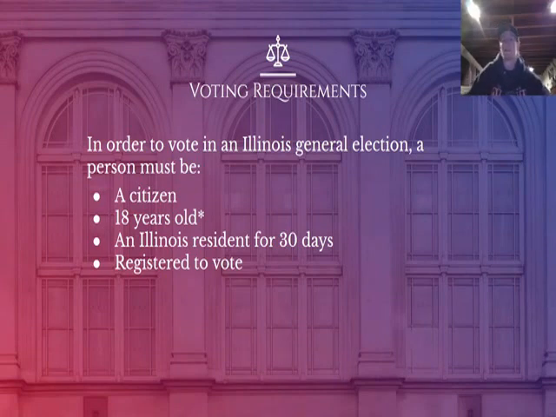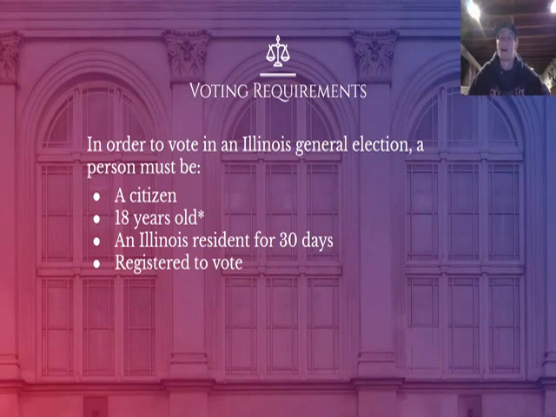Now, going back to this asterisk mark with the 18 years old. You must be 18 years old by the general election in order to vote in the general election. Now, in the case of years like 2020 currently, if you are 17 years old at the time of the primary election that takes place in March, you can vote in that primary election provided you will turn 18 by the time of the general election in November.